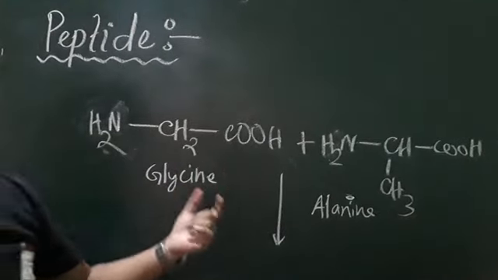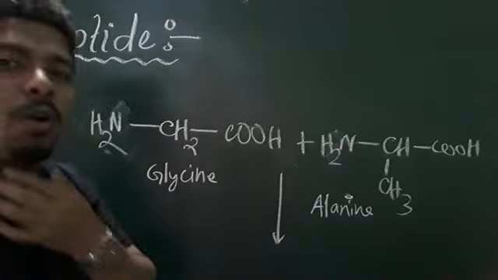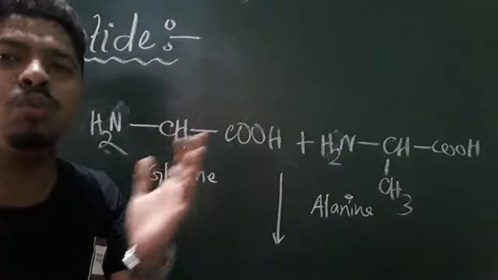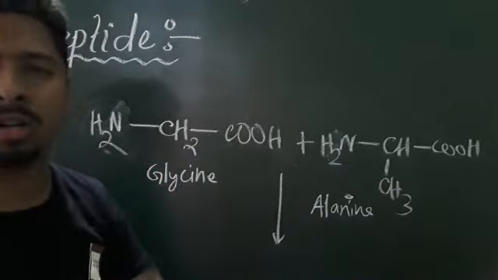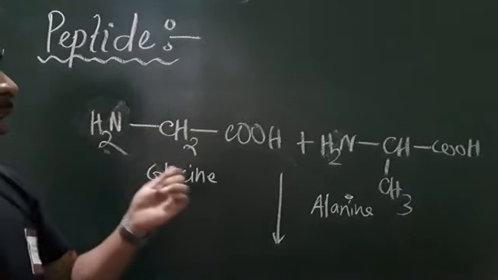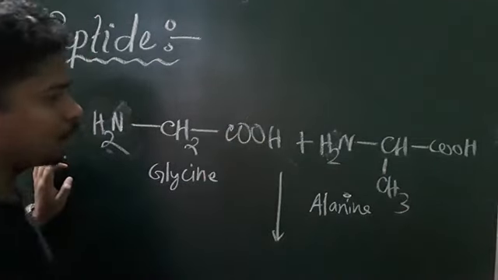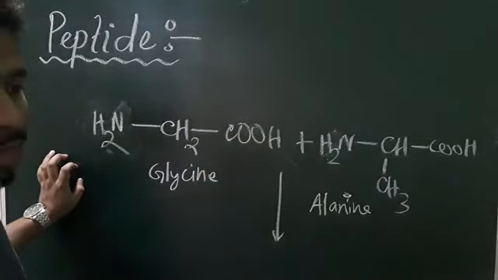Now, condensation. What is condensation? Condensation means after reacting two reactants, there will be a release of a water molecule. So these peptides are formed by the condensation of the amine group of one amino acid and the COOH group of another amino acid.